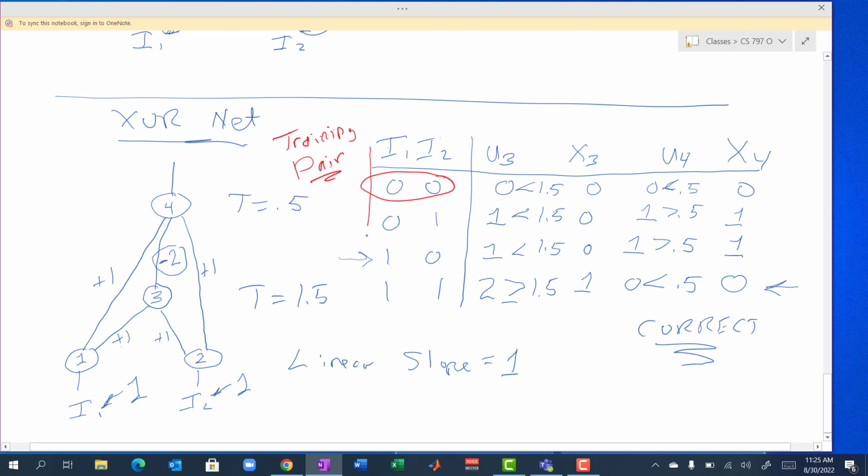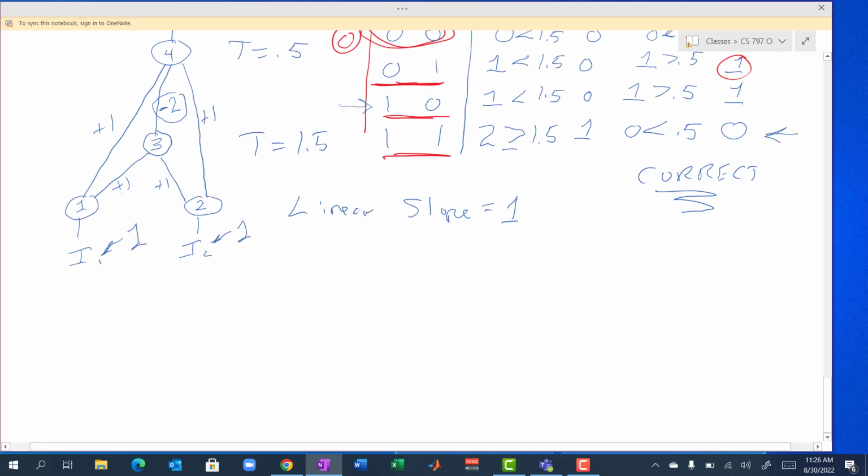So to create the training pair, we want to add in the correct output for the logic gate. So a training pair is a set of inputs coupled with its correct answer, and then we look over here and we see, well, it got the correct answer. Second training pair is this set of inputs coupled with the correct answer. Another training pair is this, and another training pair is this, or training data or data. All right, so that's some terminology.